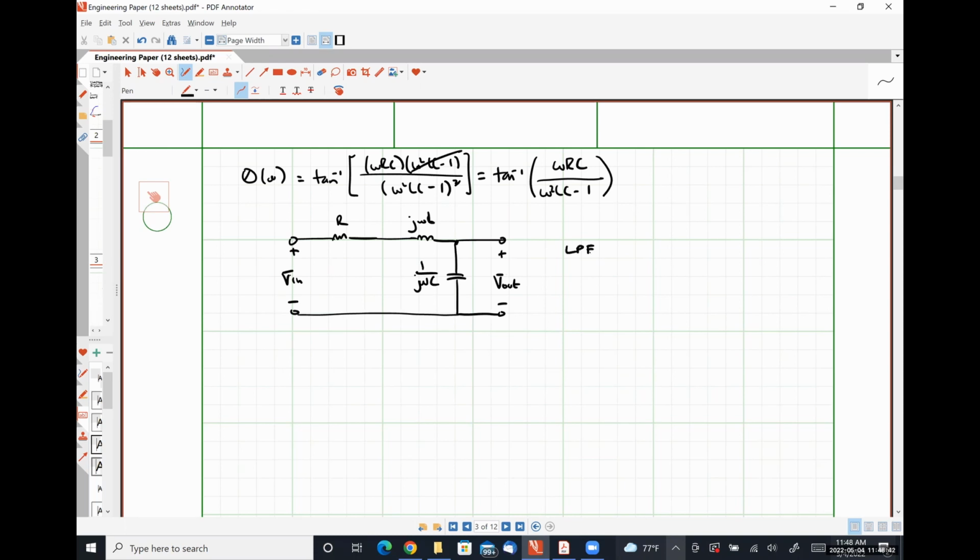I'm just going to abbreviate that as LPF with a transfer function of 1 over 1 plus omega squared LC plus j omega RC. And we'll have a cutoff frequency omega c of 1 over the square root of LC.